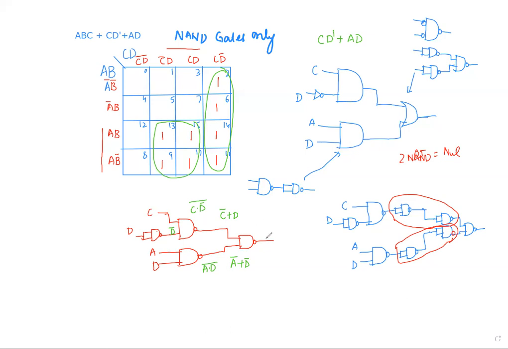Now when you combine this, it gives you C plus D dot A bar plus D bar, and at the output you will get C D bar plus AD. So this is going to be the output.